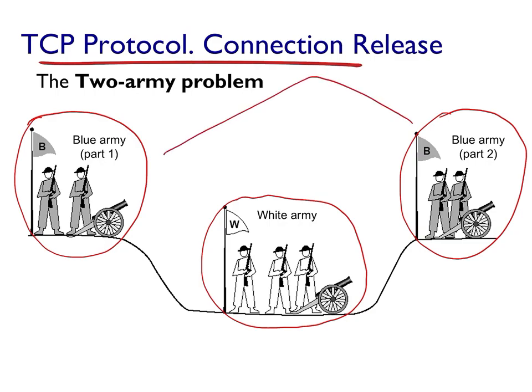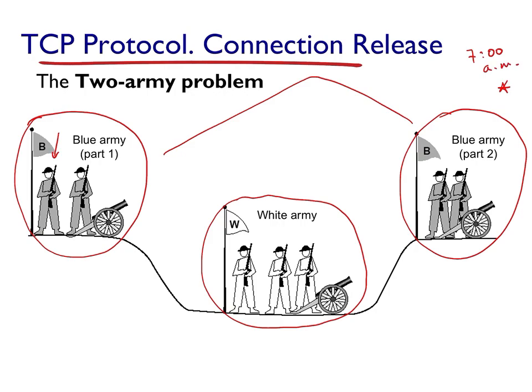But if both parts of the blue army agree on the time to attack the white army, they are more in number, right? So the idea is to agree on the time. Imagine that this guy is the general and wants to let the other part know that tomorrow at 7 a.m.